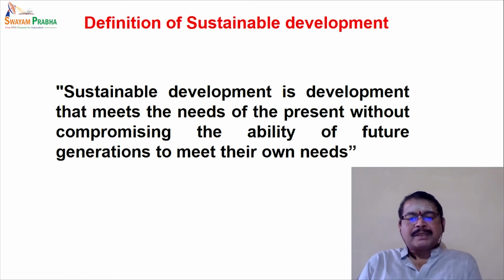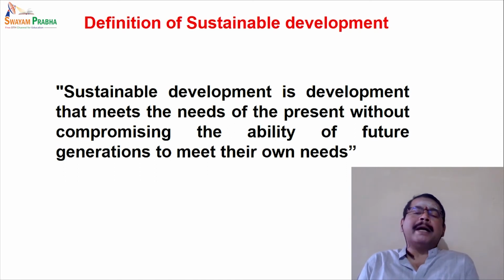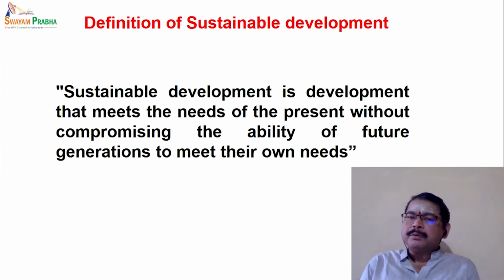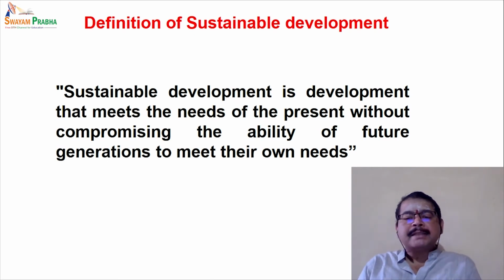Well, the definition could be split into two parts for our understanding. What is our current requirement? We will take an example of water. Water shortage is an obvious phenomenon during summer. How to handle the water crisis? Use the existing water resources judiciously. Avoid wastage of water.